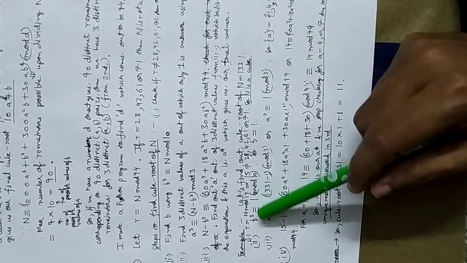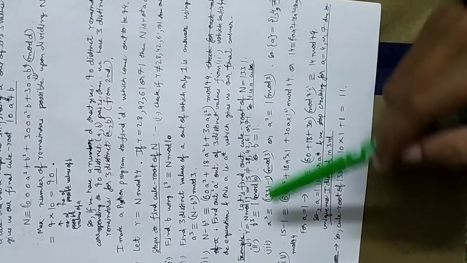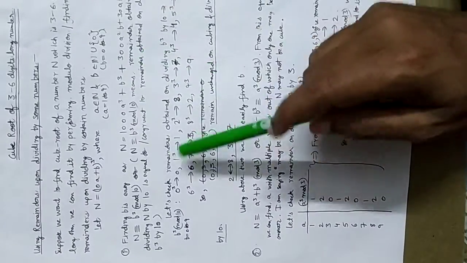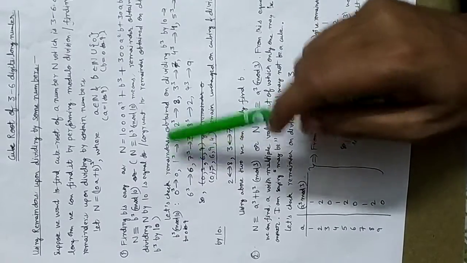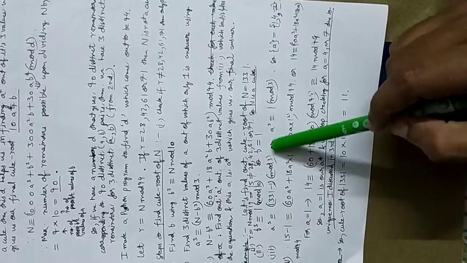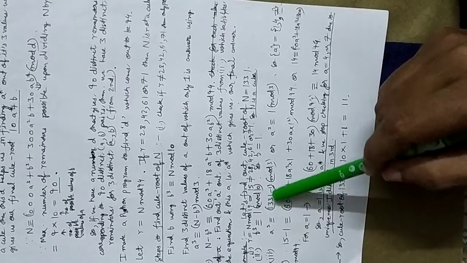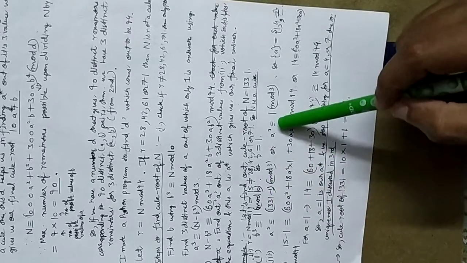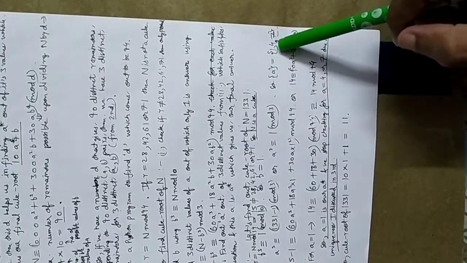Our second step would be finding b cube congruent to 1 mod 10. 1 cube is congruent to 1 upon division by 10, so b is 1. Our third step will be finding the possible values of a: a cube is congruent to 1331 minus 1 modulo 3, or a cube comes out to be 1 modulo 3, so a is equal to 1, 4 or 7.